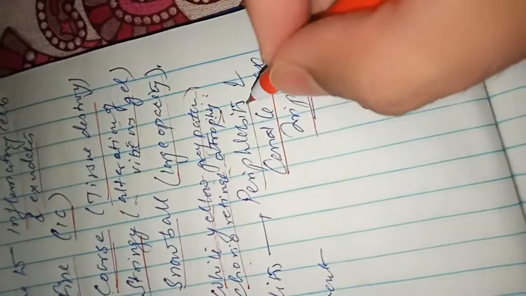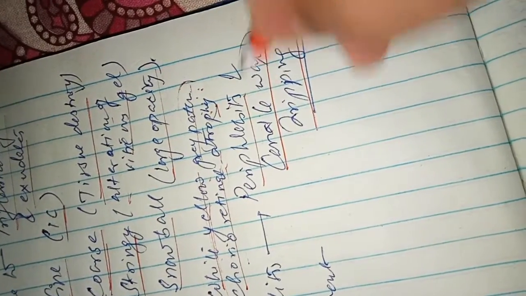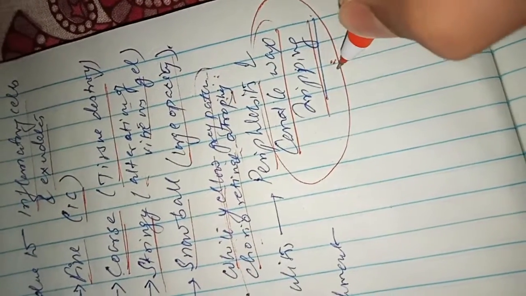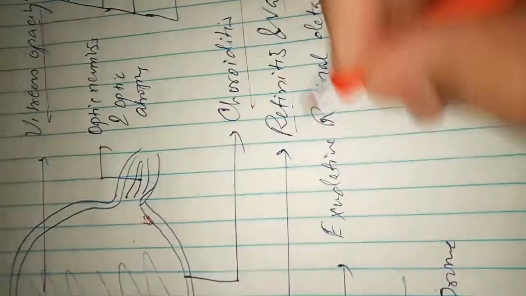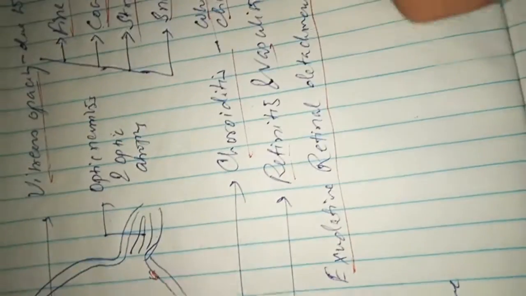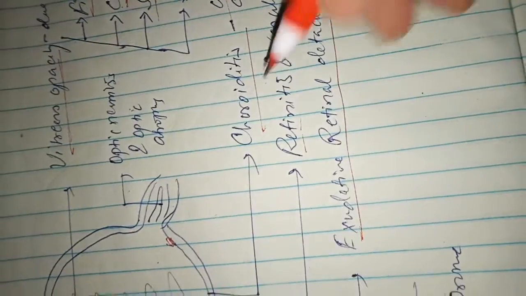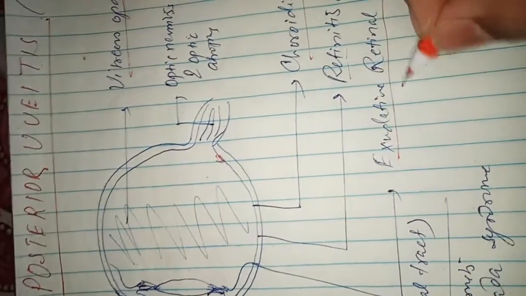Retinitis and vasculitis are also found. Periphlebitis is more common than periarteritis, and candle wax dripping appearance is found in ophthalmoscopic findings. Exudative retinal detachment is there. Tractional retinal detachment is seen in anterior uveitis, but here we find exudative retinal detachment.